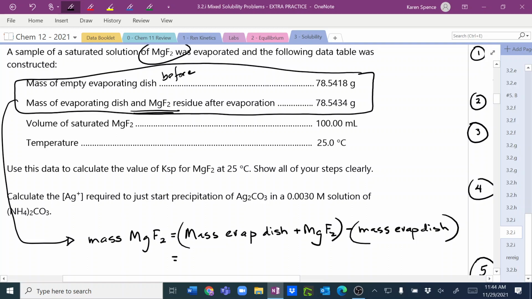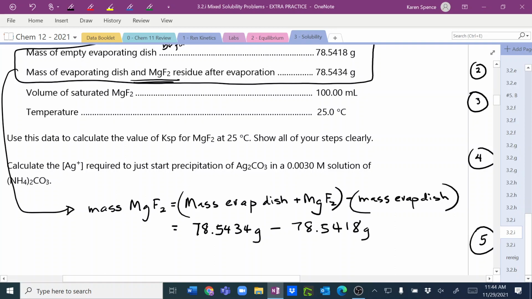So that would be 78.5434 grams minus 78.5418 grams. And you'll notice that difference is not a whole lot. So if you were to have used a different beaker, that would make your results extremely different, because probably the difference in the mass of the beaker is bigger than that difference.